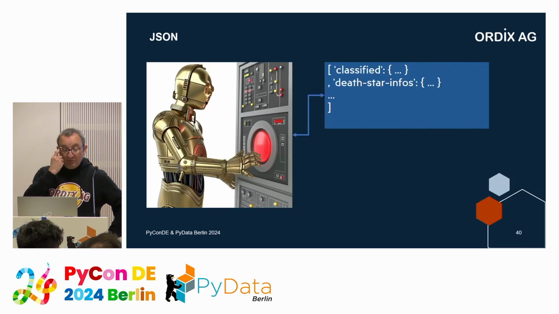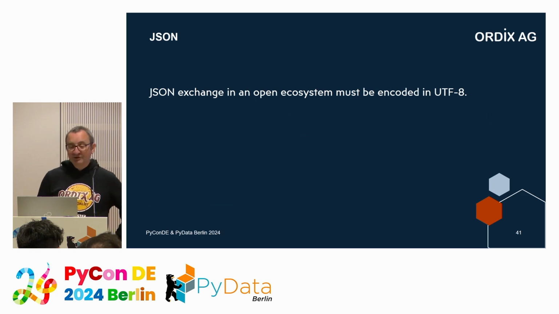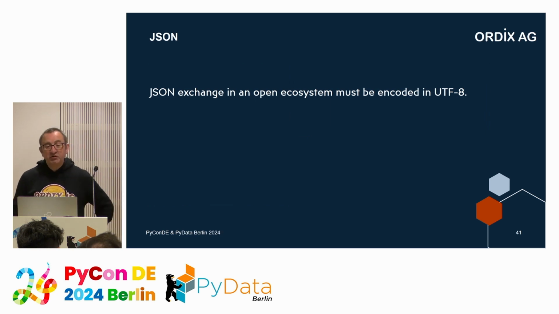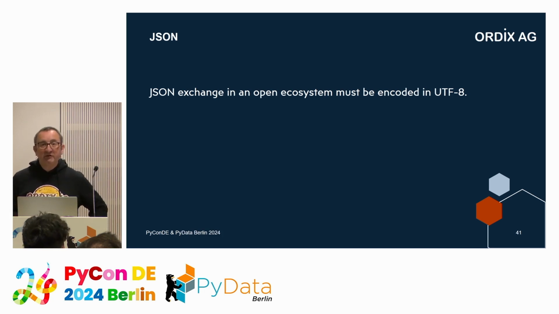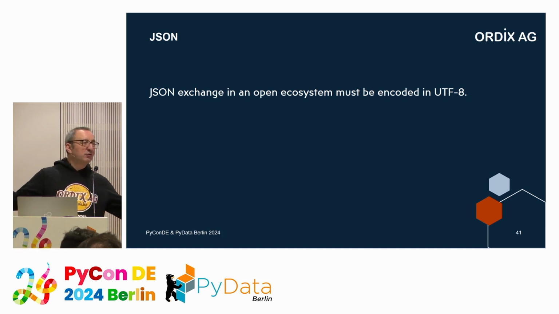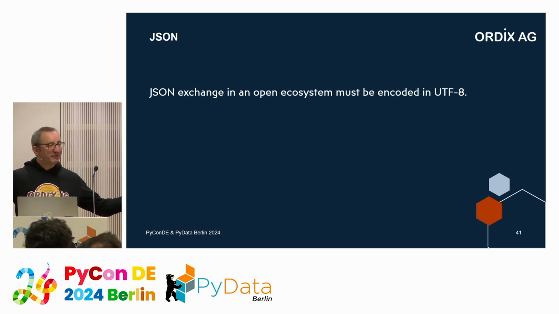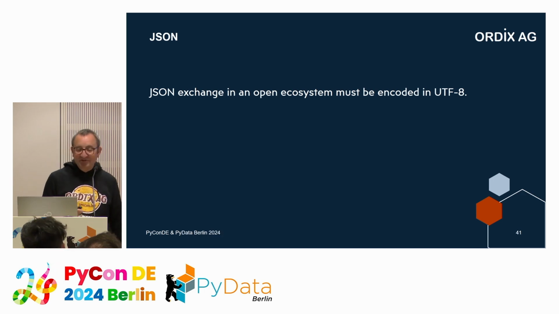Okay, so maybe it's a better idea to use JSON, because JSON has an easy specification, it looks like. JSON exchange in open ecosystems must be encoded in UTF-8. Of course, if you are the only one in your project, you can use whatever you want, but that's the definition.